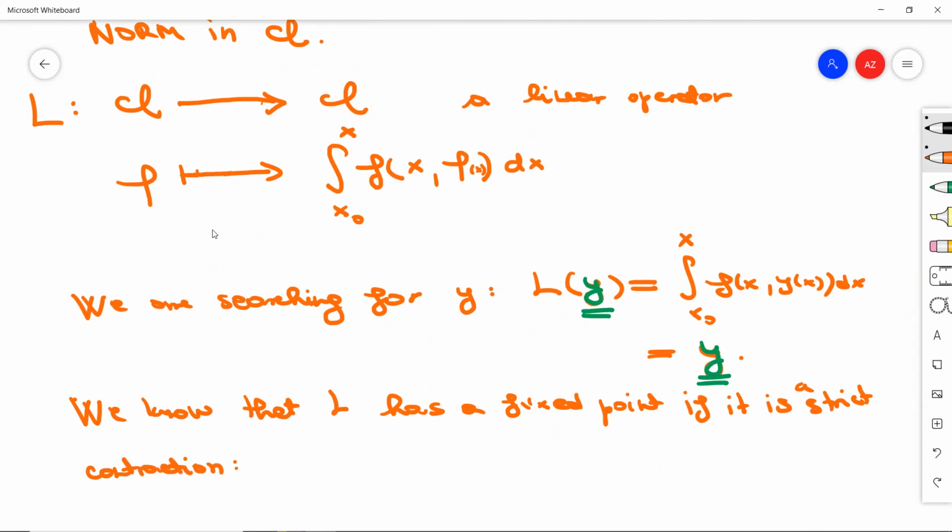This means that the norm of Ly, so this infinity norm, the supremum norm, should be smaller than the supremum norm of y. And here it shouldn't be only smaller, but smaller than some constant C which is smaller than 1.